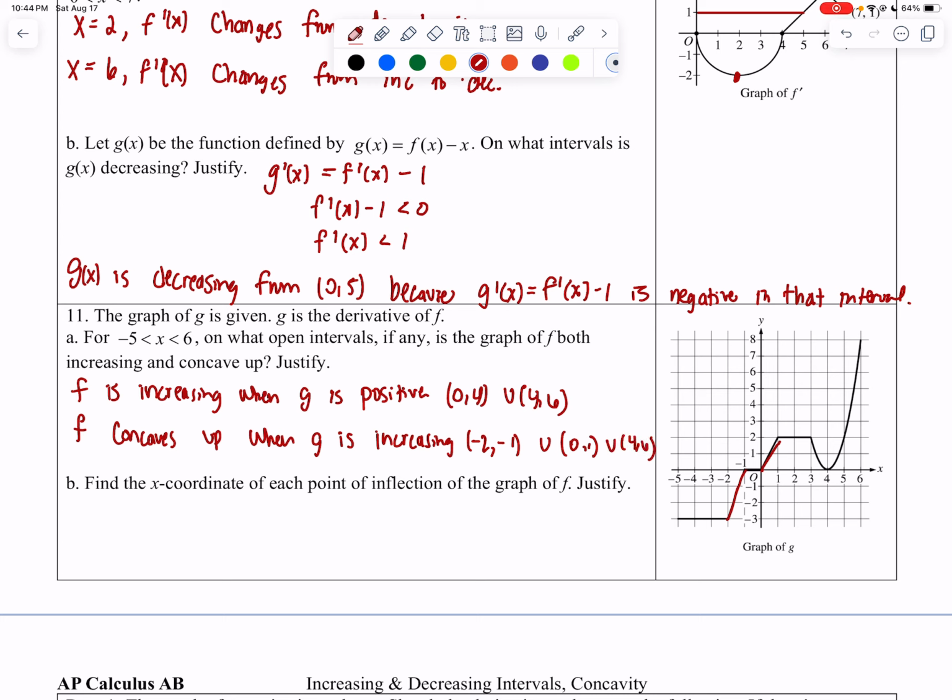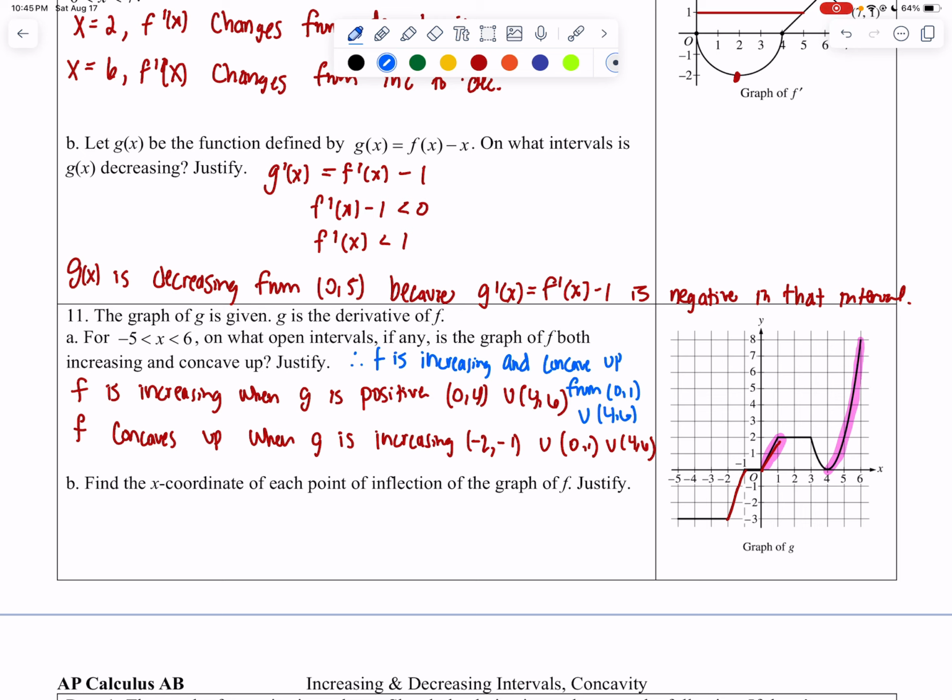Now, if we combine that together, this tells me that I am increasing and concaving up from 0 to 1 and from 4 to 6. So we're increasing and concave up from 0 to 1 and 4 to 6.